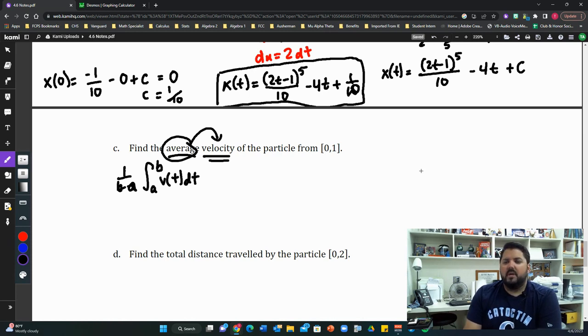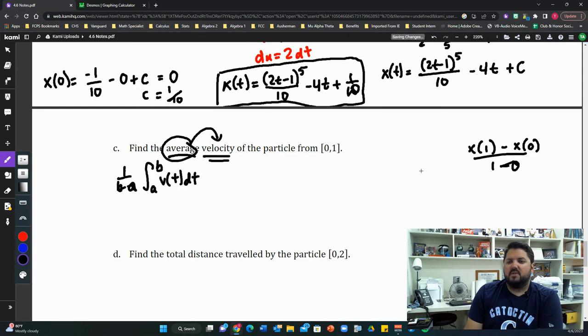Now the alternate way is average rate of change through the mindset of differentiation. Remember that velocity is the change in position. So for average velocity, we would be taking the position of the particle at x of 1 minus the position of the particle at x of 0, over the time span, so 1 minus 0.